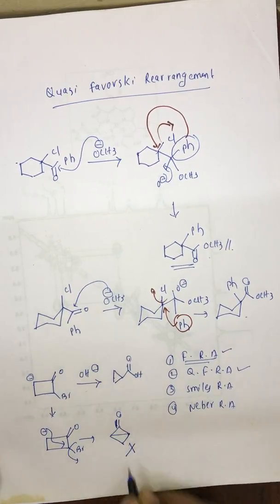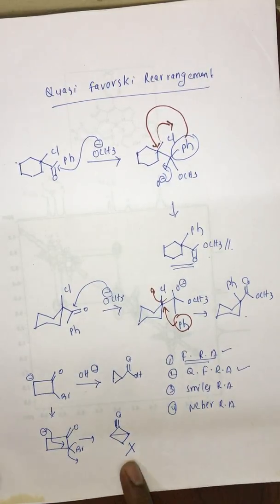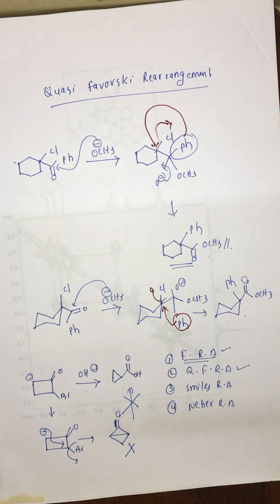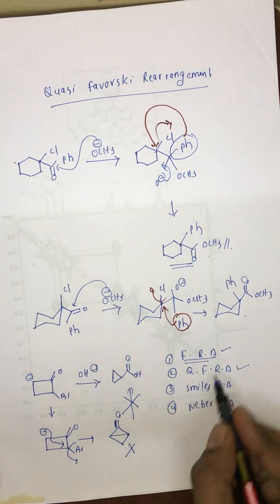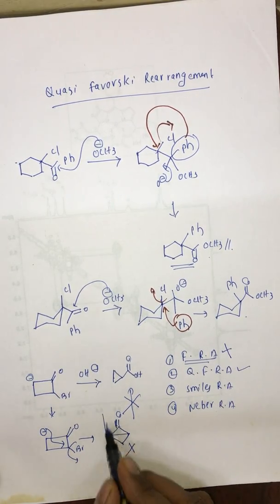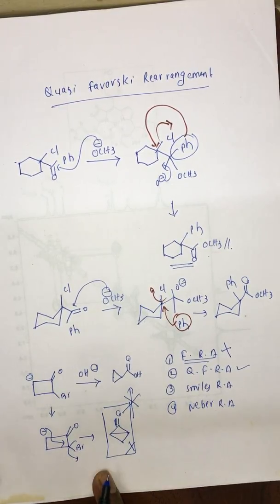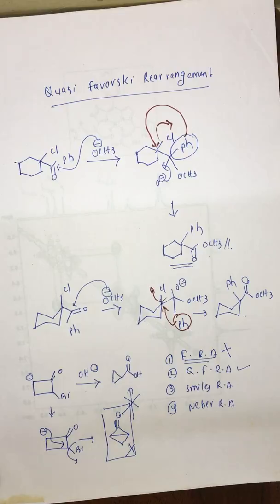Actually this is highly unstable, so this won't exist. Because of that reason, this further step will not go, meaning it cannot form by Favorskii rearrangement, because this is highly unstable and unfavorable. So this has to go by quasi-Favorskii rearrangement.